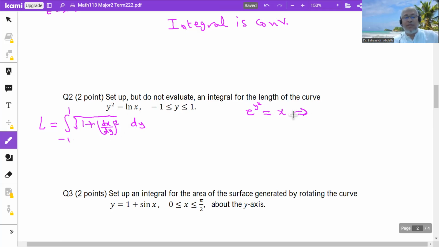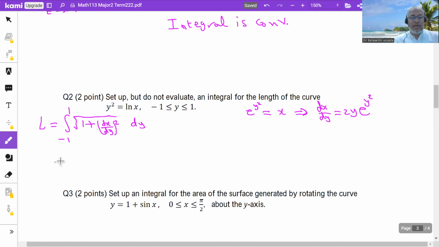Now, this is x, so let me find dx by dy. So dx by dy would be, the derivative of this is e to the power y squared times the derivative of y squared, which is 2y.